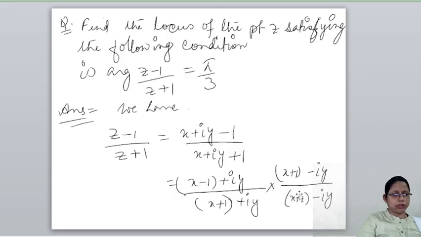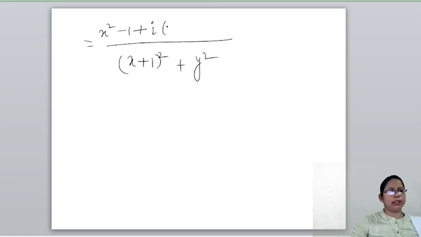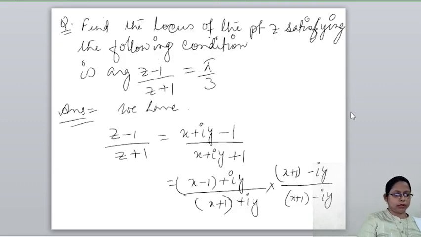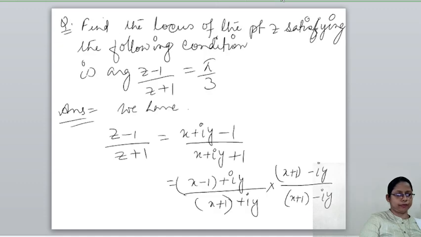Then plus i(x plus 1)y, then minus i(x minus 1)y, and minus i square y square, that will be plus y square.